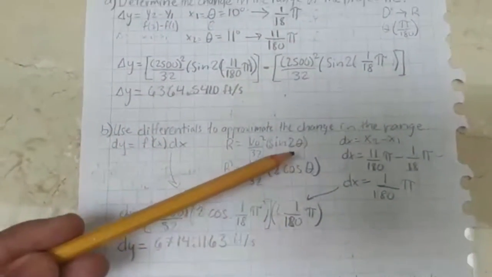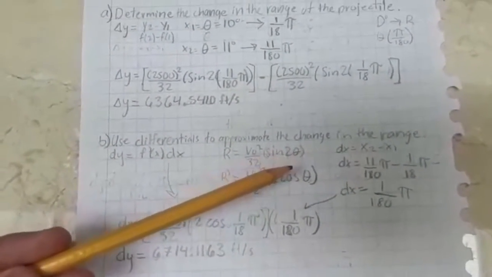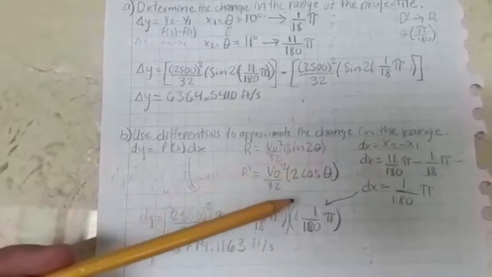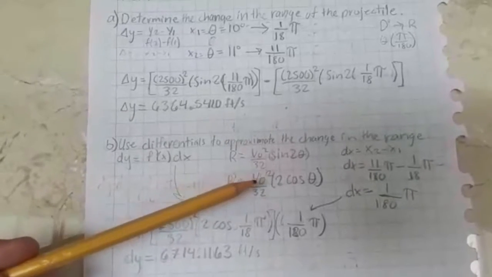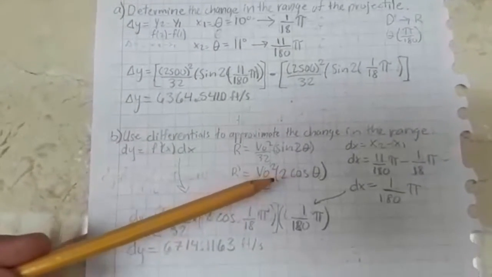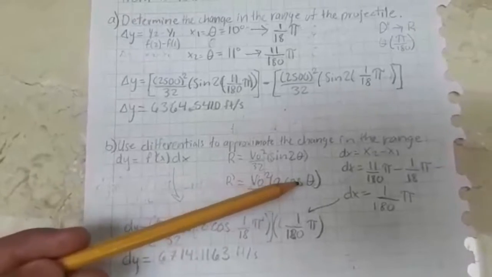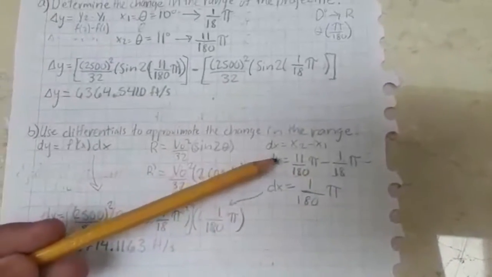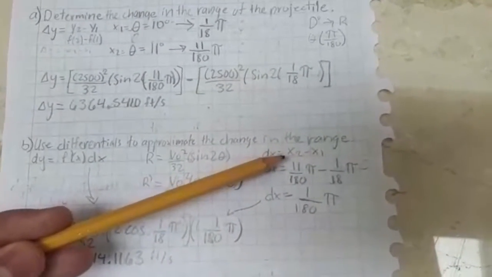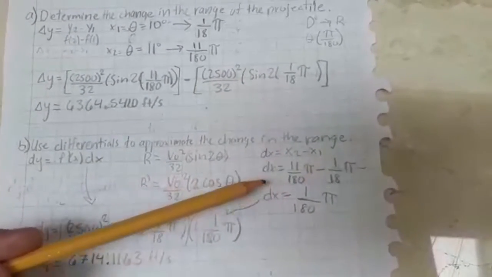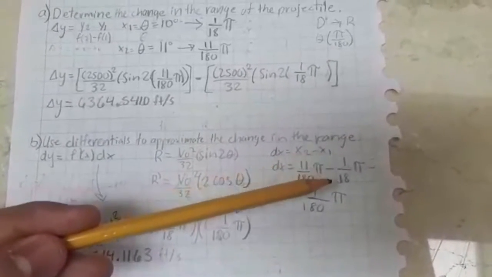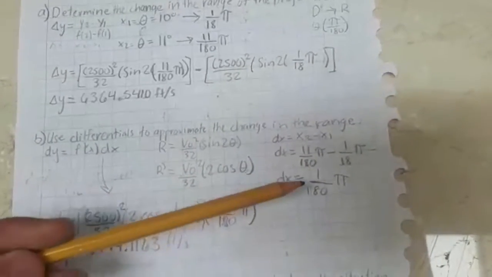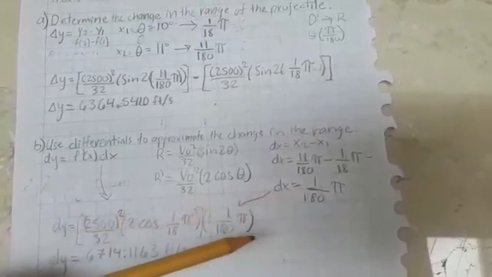The angle is in this case the x, the thing that changes. So the derivative will be initial velocity squared divided by 32 times 2 times cosine of the angle, and dx is the second variable minus the first, which is 11 over 180 pi minus 1 over 18 pi, which gives us 1 over 180 pi.